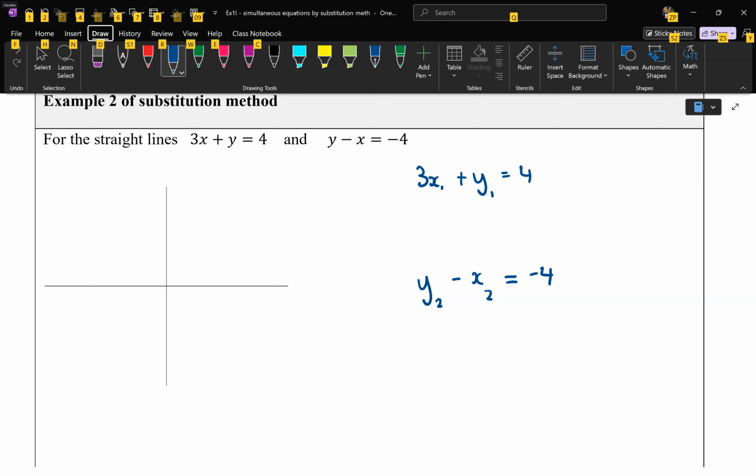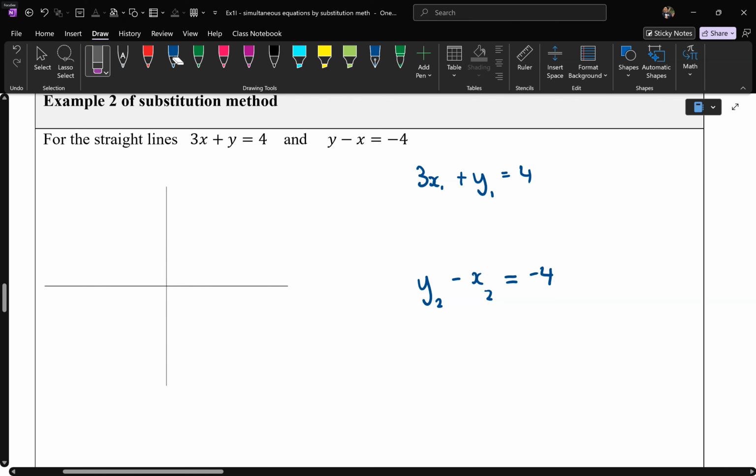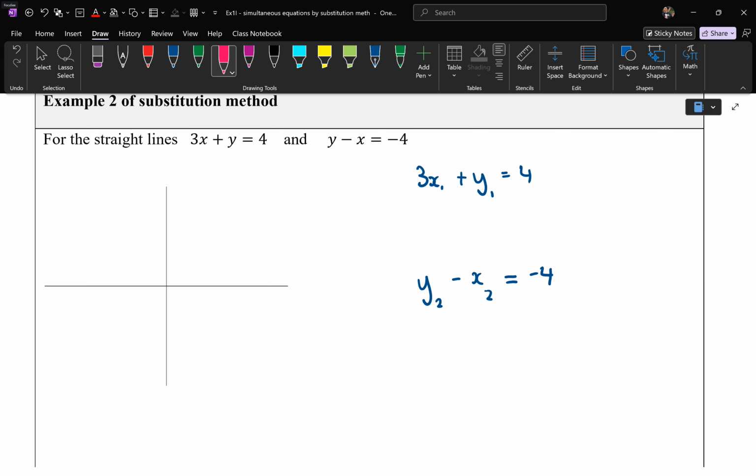So, here we go. You have a choice of rearranging the equation back to what you were used to, if you like. I personally, because I know that y1 needs to equal y2, x1 equals x2, I just need to rearrange to find out what y1 is, or y2, or x1, x2. It doesn't matter. So in my case, I would have done this one. This is just my own personal choice.